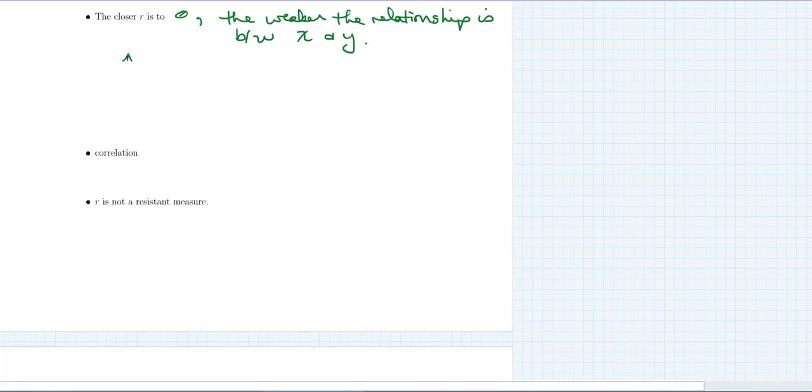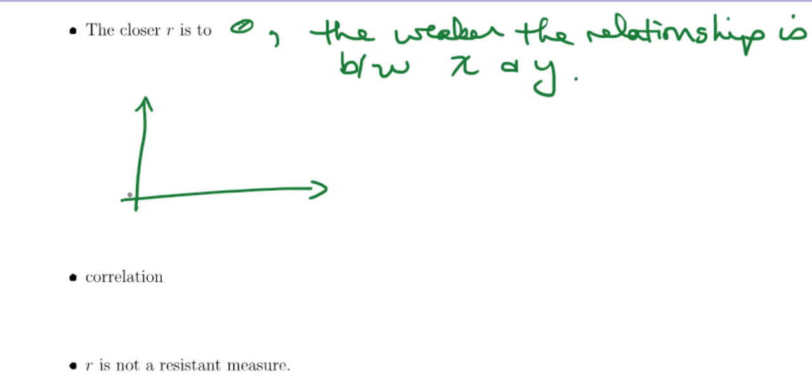So rather than seeing a graph with dots that might follow some sort of linear trend, dot, dot, dot, right? So here we might have a line that goes through here.